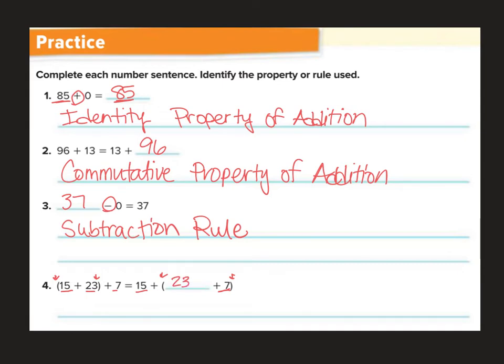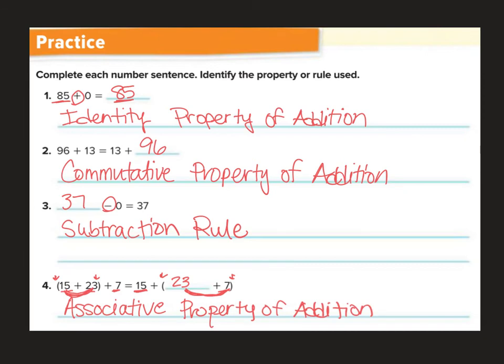So this one's saying if I take 15 and 23 and add it first, then add 7, or if I take 23 and 7 first, then add 15, I'm going to get the same answer. And that's the associative property of addition. Okie dokie, there we have our properties and our subtraction rule here.